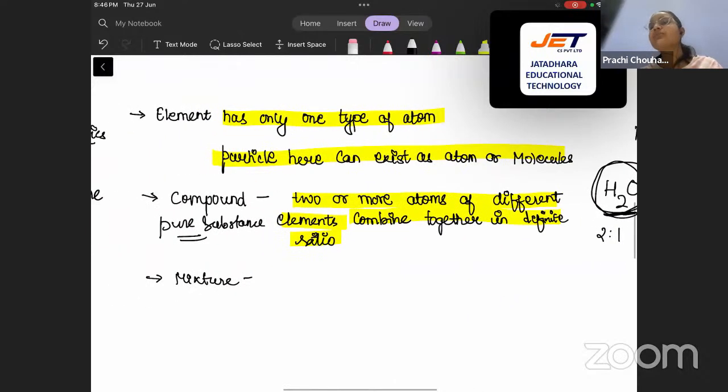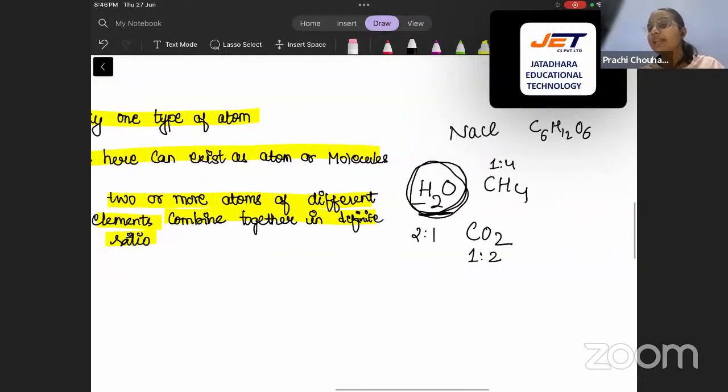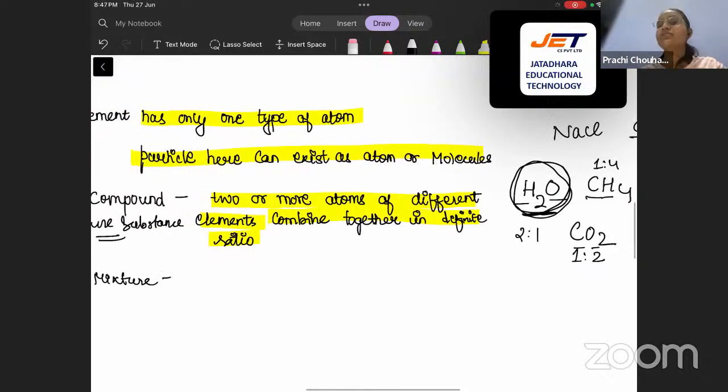So compounds are pure substances in which two or more atoms of different elements combine together in a definite ratio. That can be two elements, as you can see in water, methane and carbon dioxide, and it can be more than two elements also. For example, in glucose, we have carbon, hydrogen, and oxygen. I hope these definitions are clear to you.